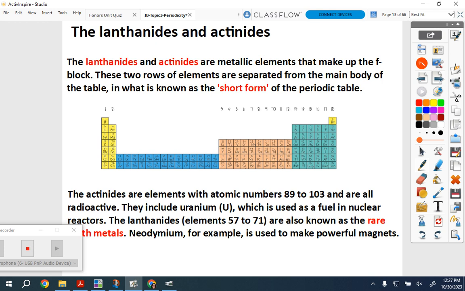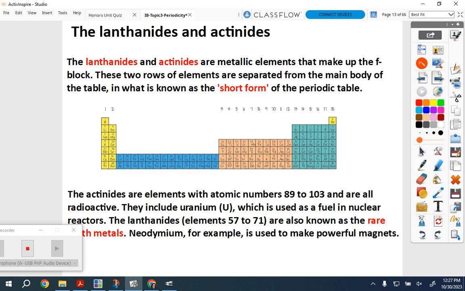The lanthanides, the row above it in the F block, are also sometimes called the rare earth metals. It includes things like neodymium, which is what we make these fancy, very strong magnets out of, which we'll be talking about in a second. They're not necessarily all rare, actually, but that was the name that was given to them.